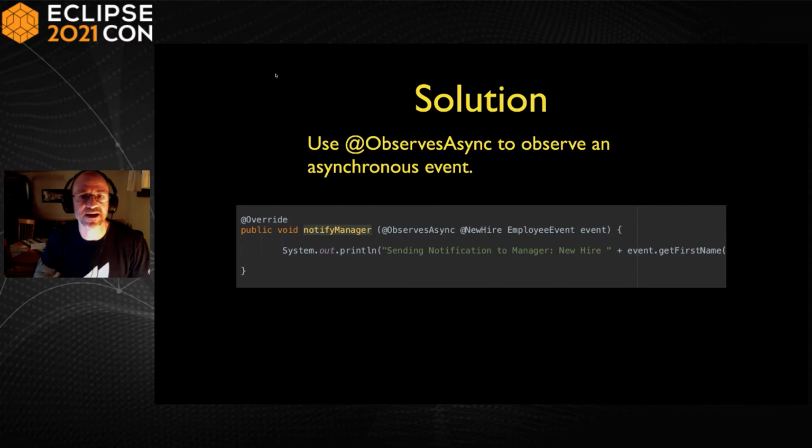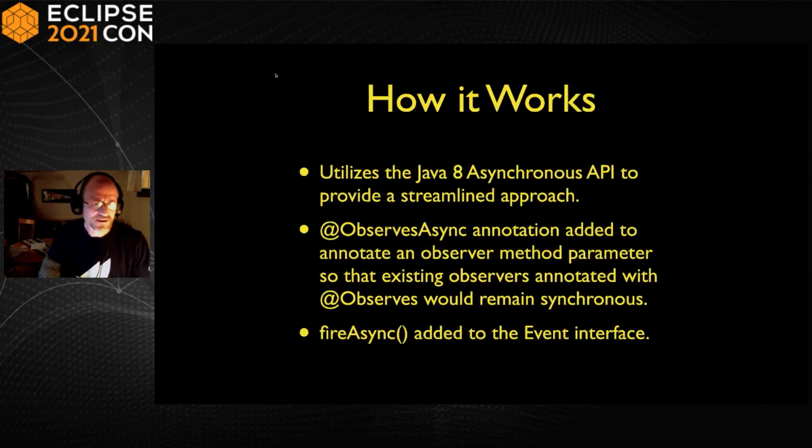In this case, I've got a NewHire qualifier that I've created, and it's going to call that event in the background. This utilizes the Java 8 asynchronous API, so it's very similar if you've used that. Like I said, the ObservesAsync annotation is added to the observer method parameter, so that existing observers annotated with just Observes would remain synchronous.